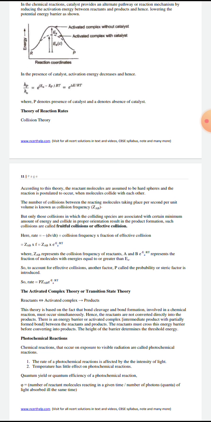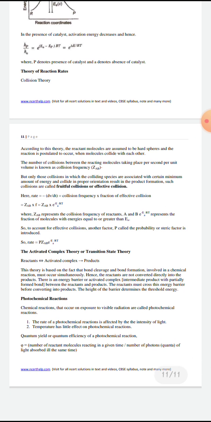But only a collision in which the colliding species have a certain minimum amount of energy and collide in proper orientation results in product formation. Such collisions are called fruitful collisions, or effective collisions. Rate is collision frequency into the fraction of effective collisions.